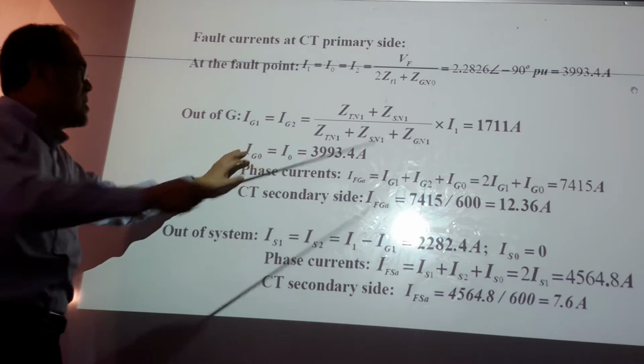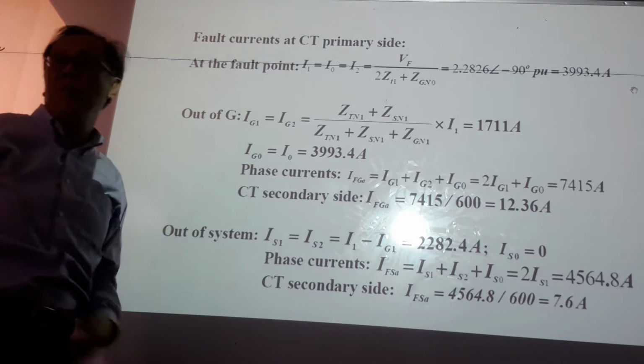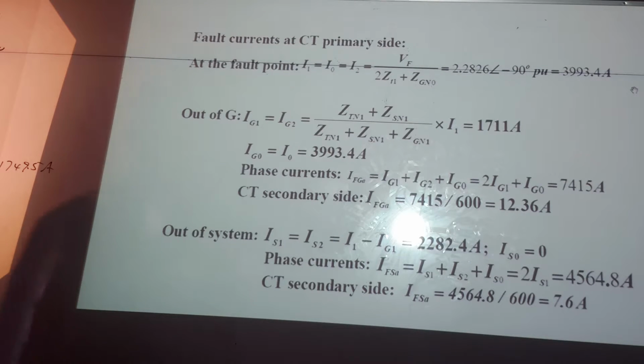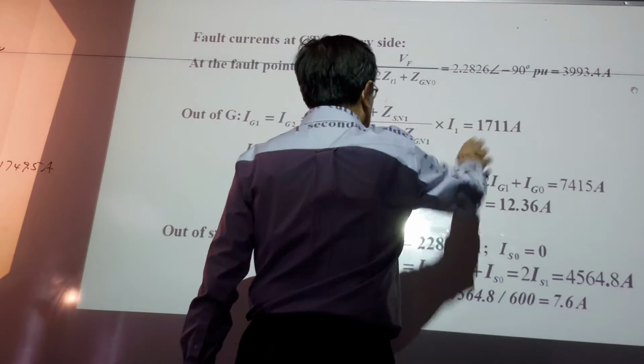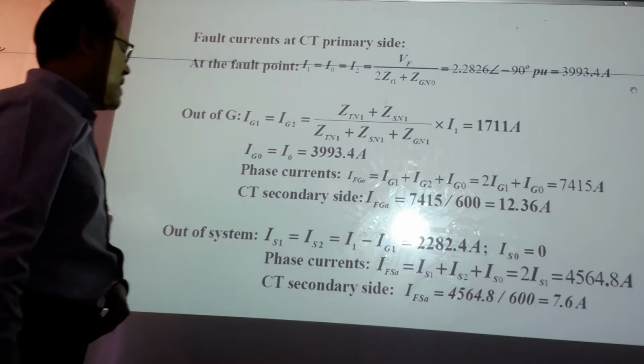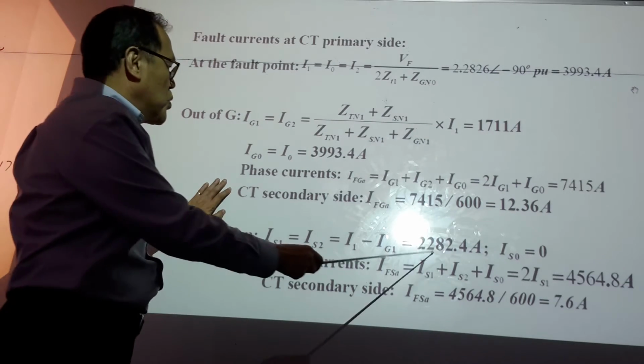The value it is supposed to supply is 1741. Whereas the other side, that means you have a fault here, so how much is supplied here and how much there? Apparently this supplies 1711. The other guy supplied even more. So that's what it meant, 1711. The other guy will probably supply 2282.